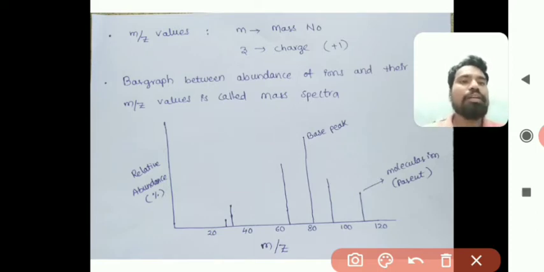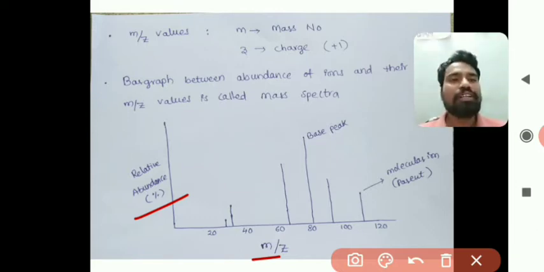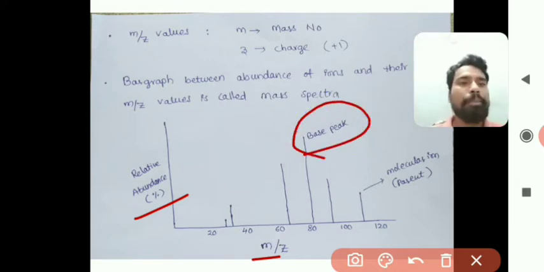So this is a bar graph between the relative abundance and m by z values. Out of all the fragmented ions, one cation has the highest relative abundance, nothing but the highest stability. That cation peak is called the base peak.